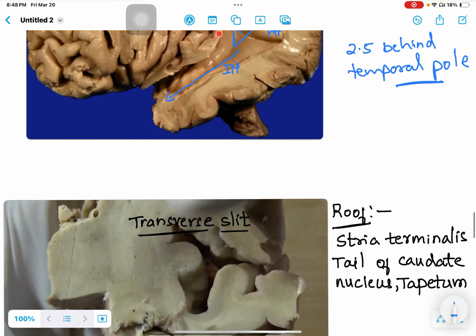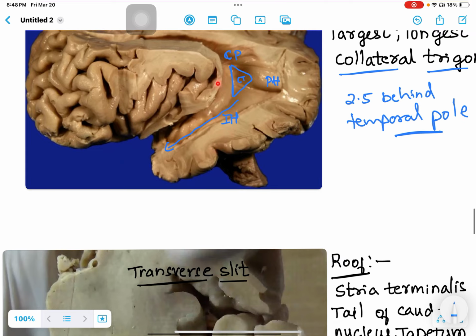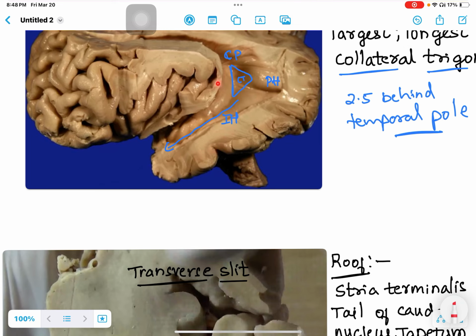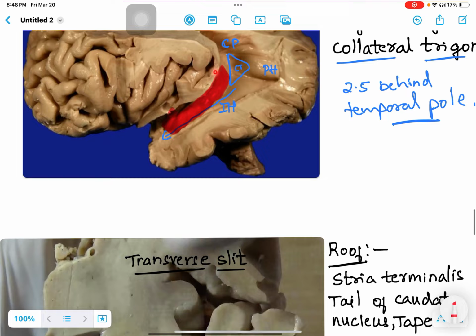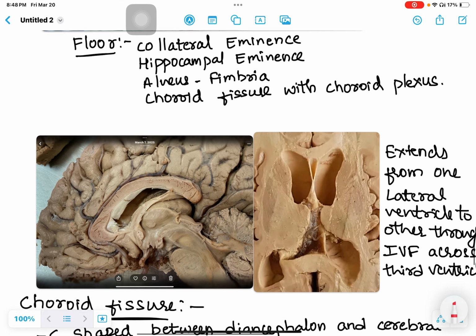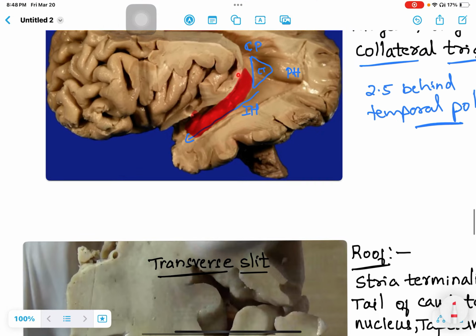In the inferior horn you can see two bulgings. One bulge you can see here, this is the hippocampal bulge. The hippocampus forms a bulge into the inferior horn, and another one is the collateral eminence.